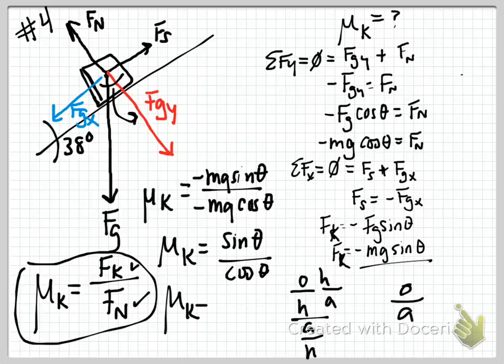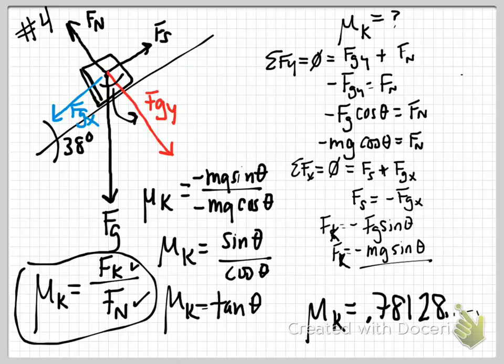So mu k is equal to the tangent of theta. Okay, so we get a mu k of 0.78128, etc. Now, philosophically, I have some issues with that. It's beautiful algebra. It's pretty. I believe the math, but I have philosophical issues with it in the real world. But whatever. Who am I to judge?